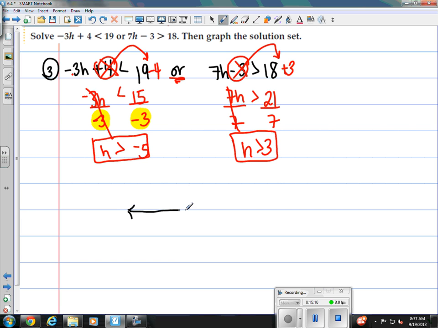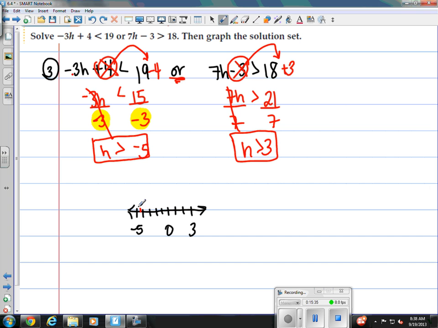They're different, so I'm just going to graph them on the same number line now. We want the lowest number farthest left, so it's negative 5. It's going to be negative 4, negative 3, negative 2, negative 1, 0, 1, 2, 3. So it says h is greater than negative 5.